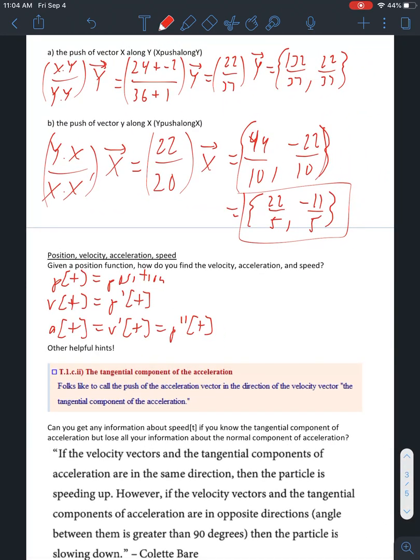And then finally, speed. Speed is just the magnitude of velocity. Okay, and obviously you can write that out like this if you want to as well. So the square root of p prime of t dot p prime of t. That's another way you'll see that in this chapter.